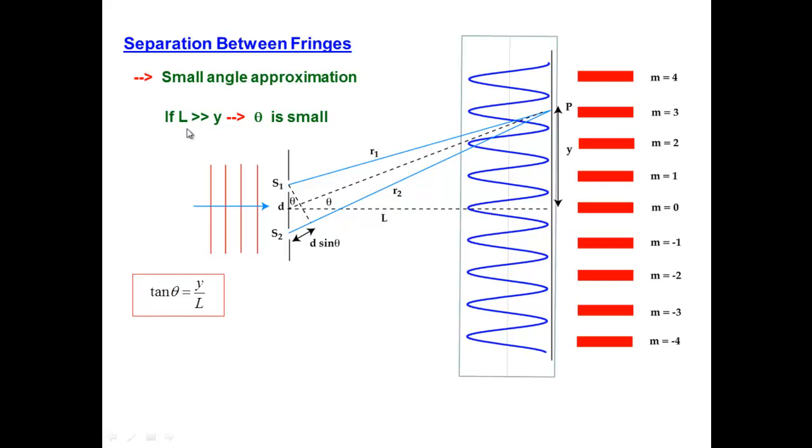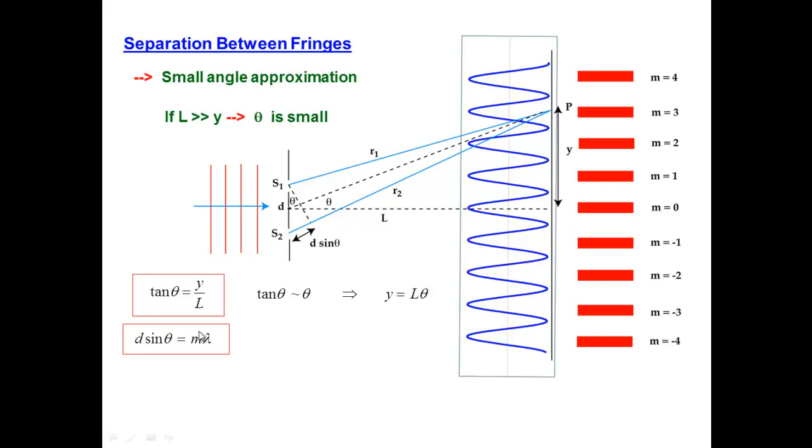And now the small angle approximation is helpful in simplifying this, because if L is much larger than y, in other words, if the interference fringes that we're looking for are fairly close to the center of the screen, and those distances are small compared to L, then the tangent of theta is approximately equal to theta. And so y would simply be, although it's rigorously L tan theta, L theta.